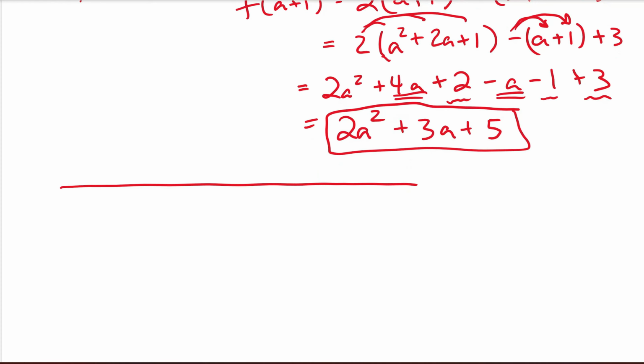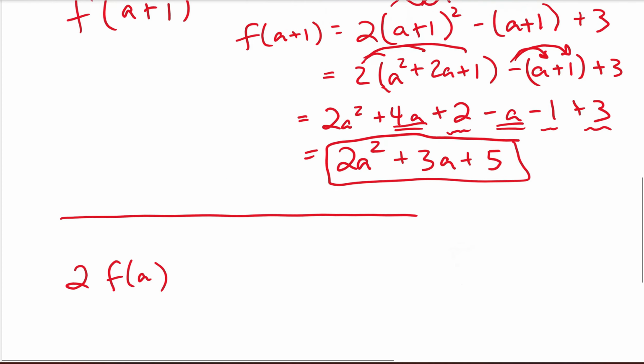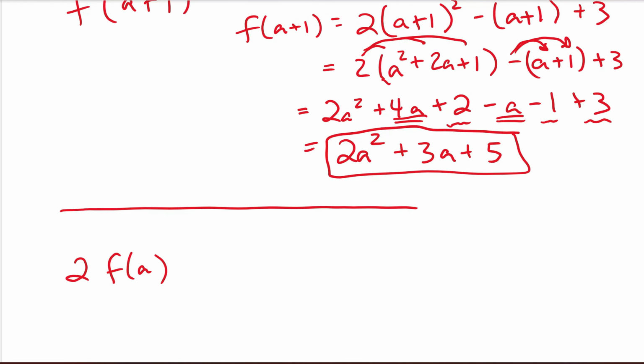Sometimes they may have something that looks like this: 2 times f of a. Well, again, we're using that same original function, 2x squared minus x plus 3, but we've already done the f of a. When we did f of a earlier, you can rewind back, we got 2a squared minus a plus 3.